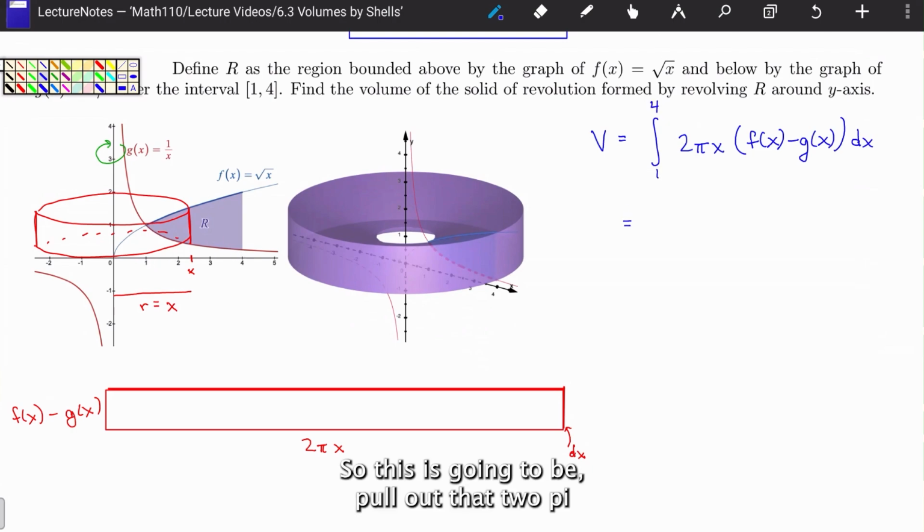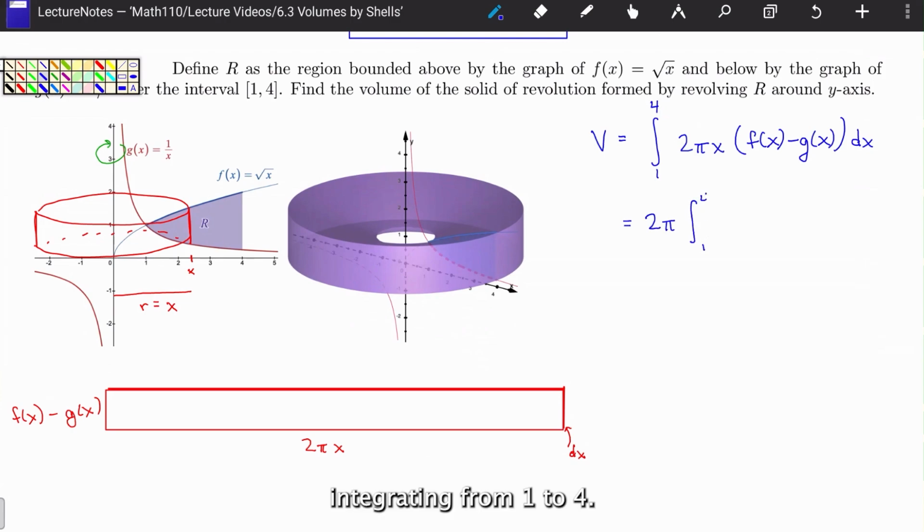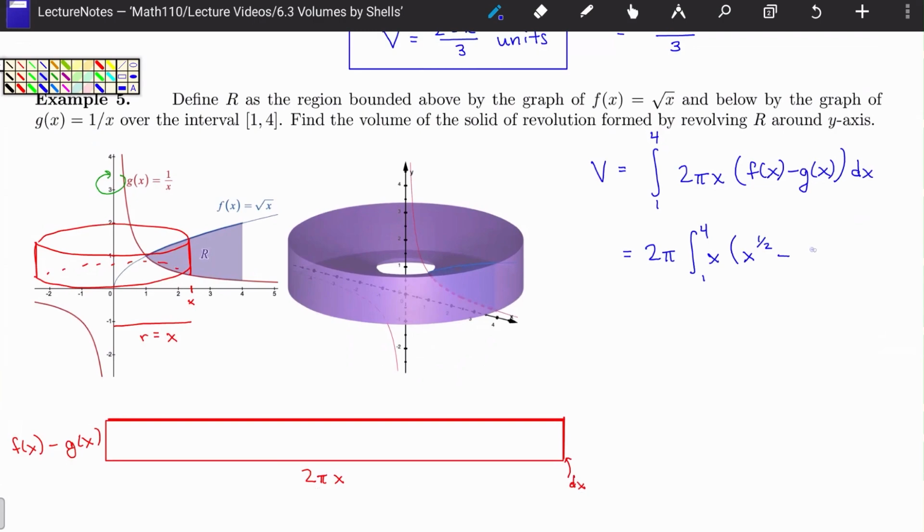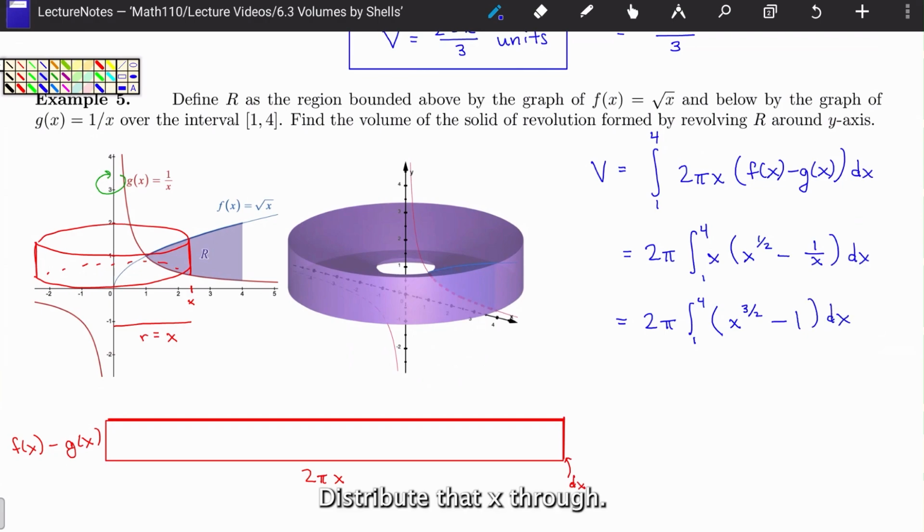So this is going to be, pull out that 2 pi, integrating from 1 to 4, x times, f of x is x to the 1/2 power, and g of x is 1 over x, times dx. So this is going to be 2 pi integral from 1 to 4 of x to the 3/2 power minus 1 dx, distributing that x through.